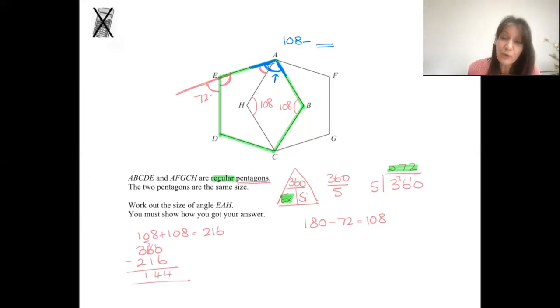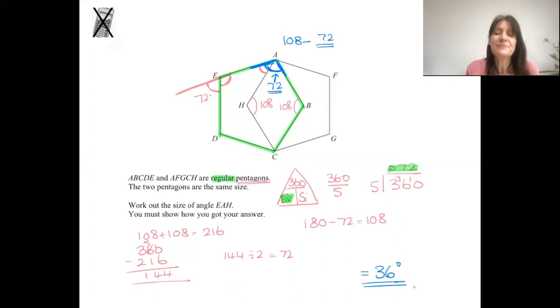That 144 is going to be shared between this angle and this angle because they are also equal. So 144 divided by 2, so I've literally just got to half that, is going to be 72. So that angle there is 72. So 108 take away 72 is going to give me my answer, and that is 36 degrees.